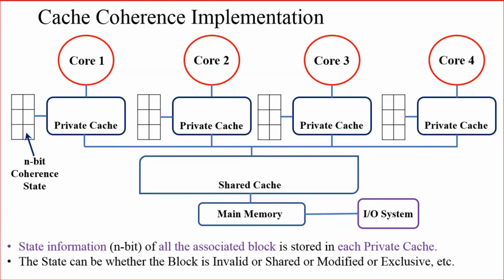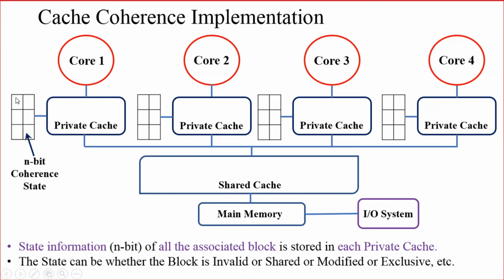If we are using a coherence protocol which has two states, each block can be in either of these two states. If we have a protocol design where three states are there, each block present in each of the private caches can have any of these three states. How will you identify which state a particular block has?